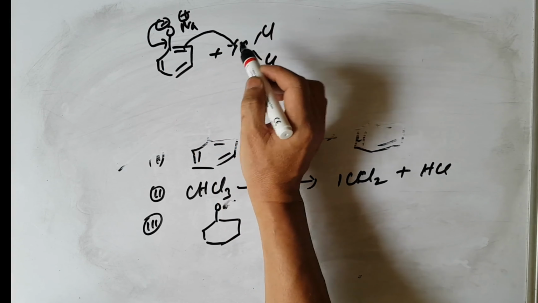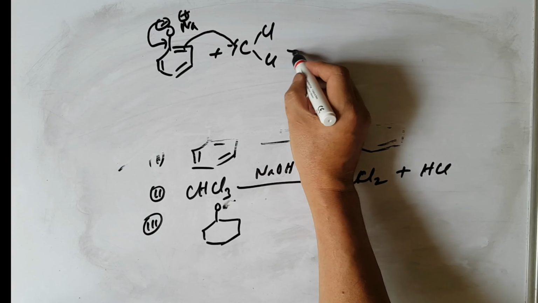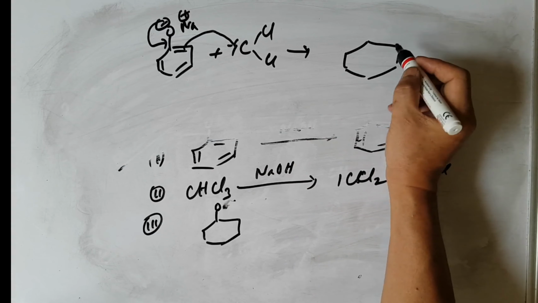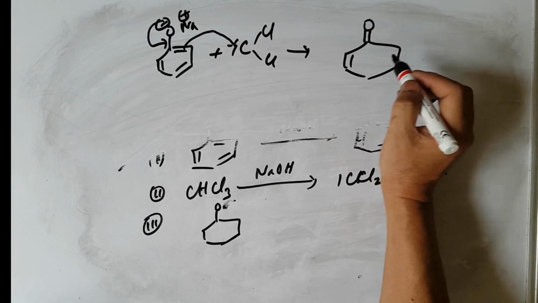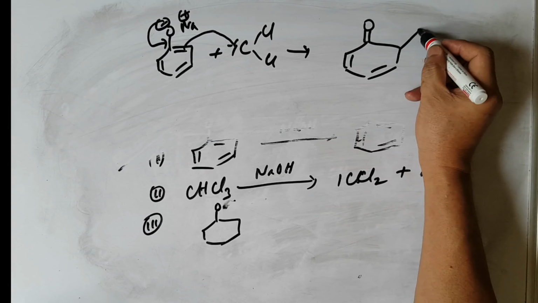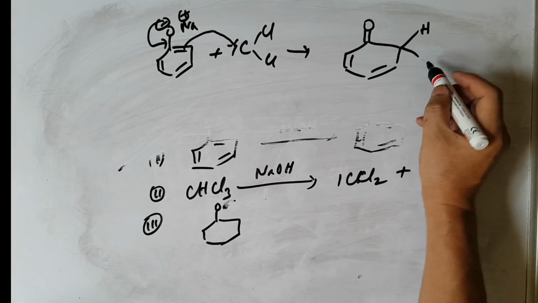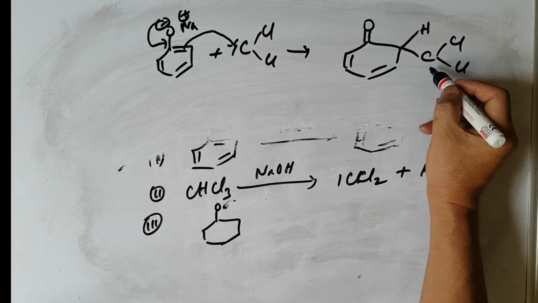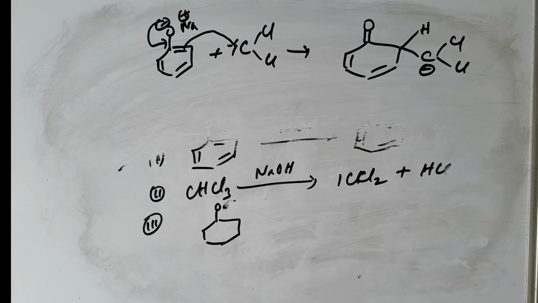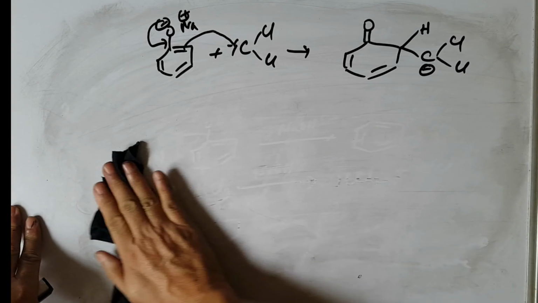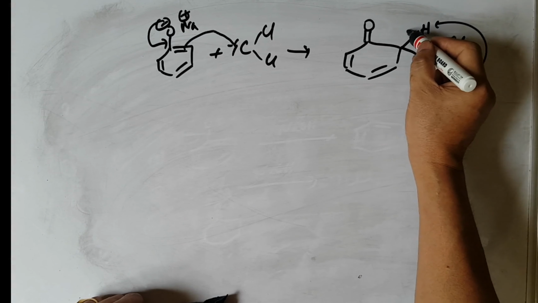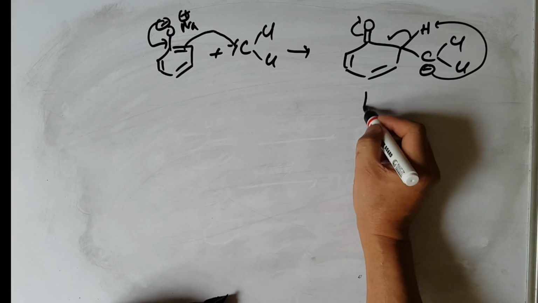Now this charge is given to the carbene, so this carbon becomes double bonded here, with hydrogen here. Now the charge is given here, so the carbon becomes negatively charged. This negative charge picks up the proton, like this.